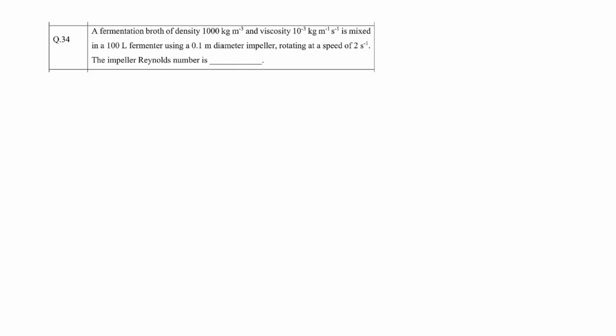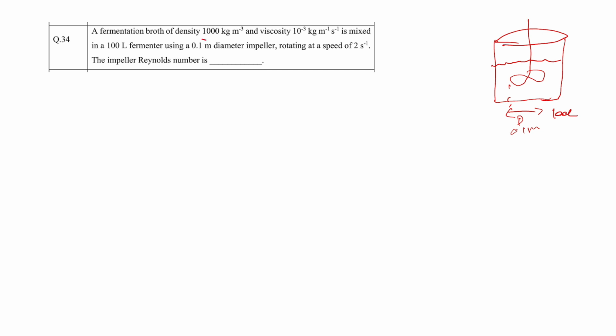Coming back to our question, we have a fermenter with an impeller. The capacity of the fermenter is 100 liters and the diameter of the impeller D is 0.1 meters, and the other measurements are given in the question.